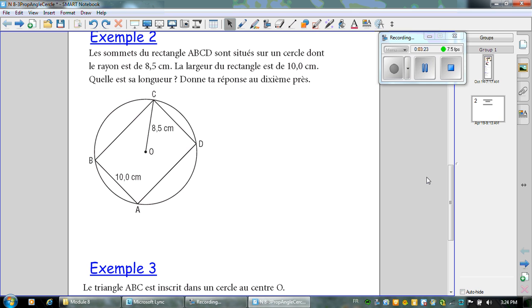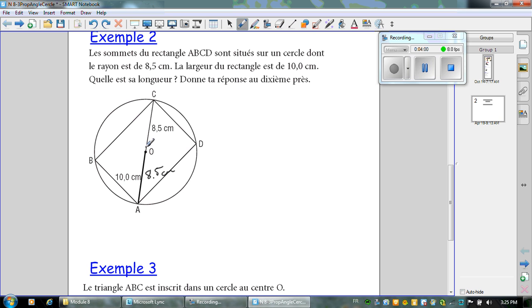So here we have a rectangle inside a circle, and we are looking to find the radius, so we need to find the length. We can do that by using Pythagorean's theorem, because if we complete this line from here to here, we have 8.5 again.